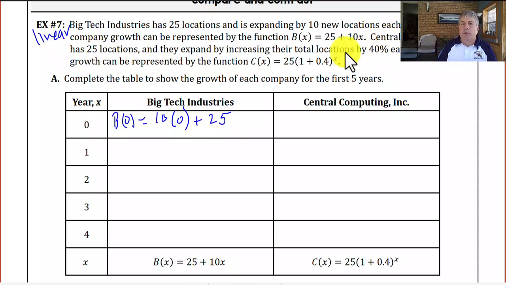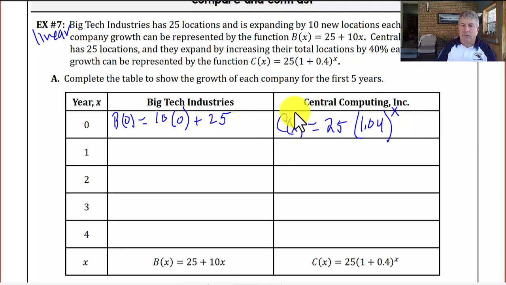While Central Computing Inc. has 25 locations and they expand by increasing their total locations by 4% each year. The growth can be represented by c of x equals 25 times 1 plus 0.04 to the x, or c of x equals 25 times 1.04 raised to the x power.